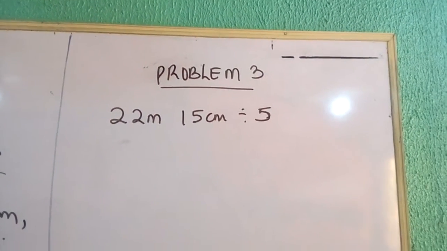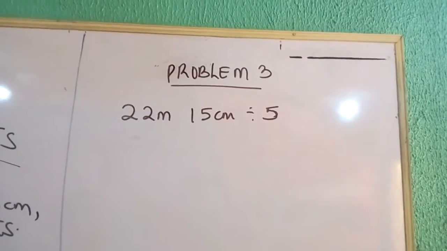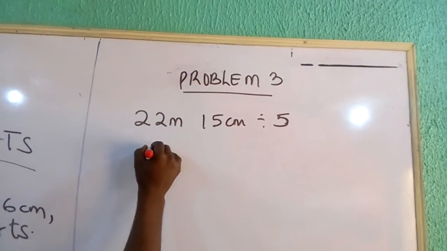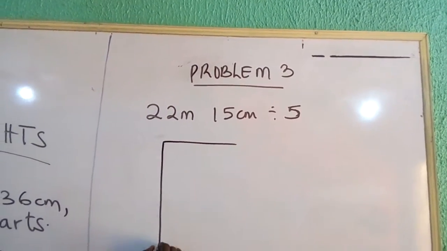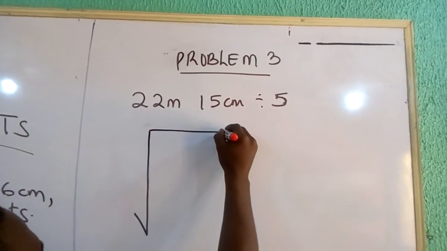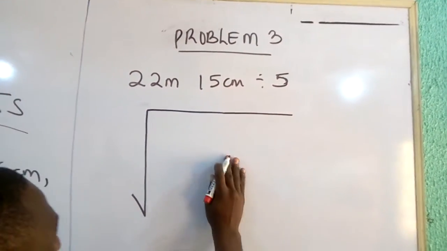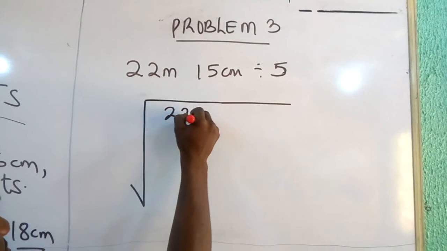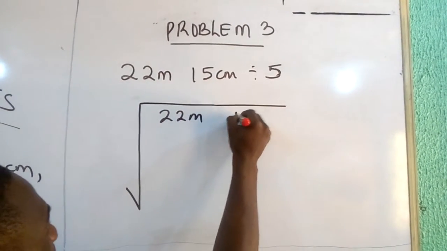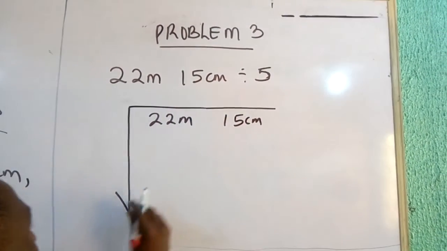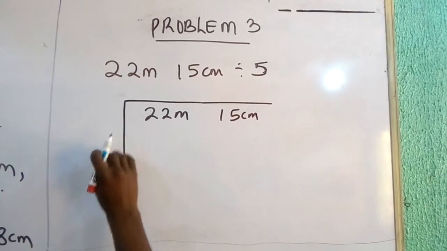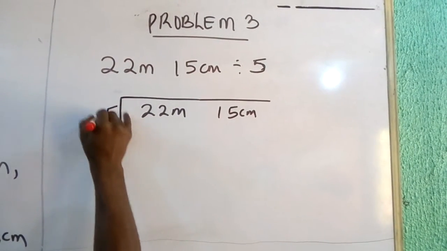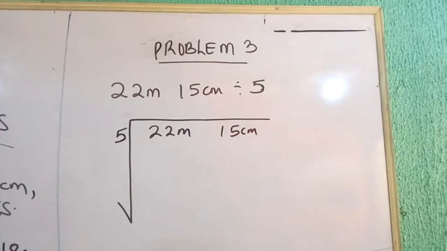So what I suggest is we go by the long division system. We are dividing 22 meters, 15 centimeters, by 5.